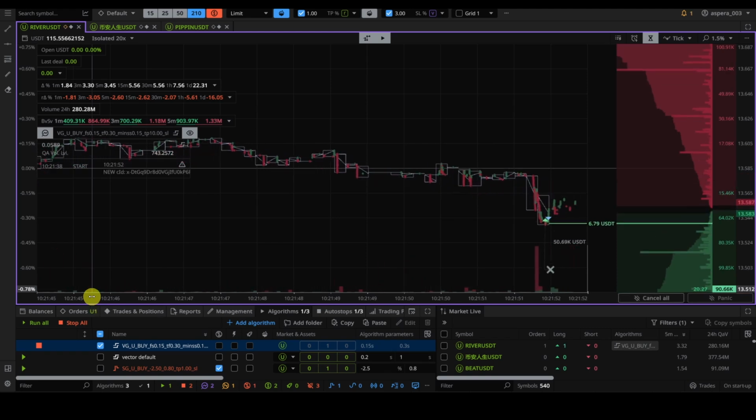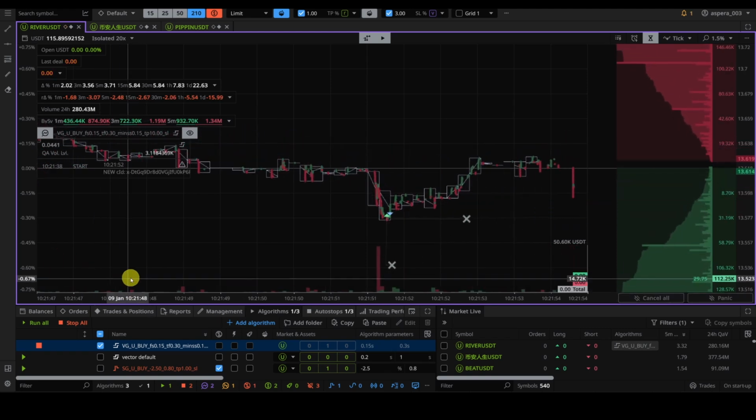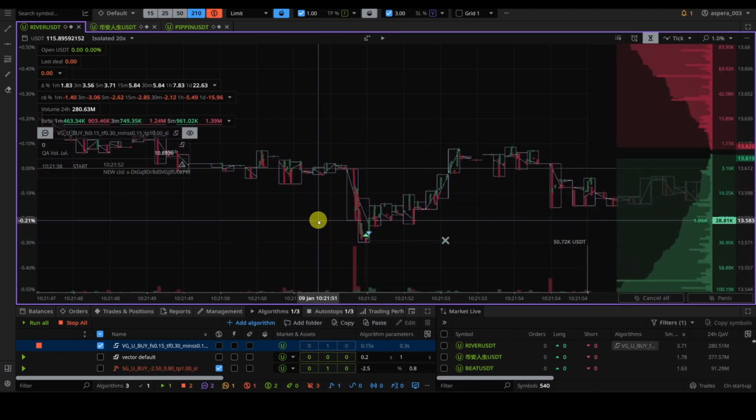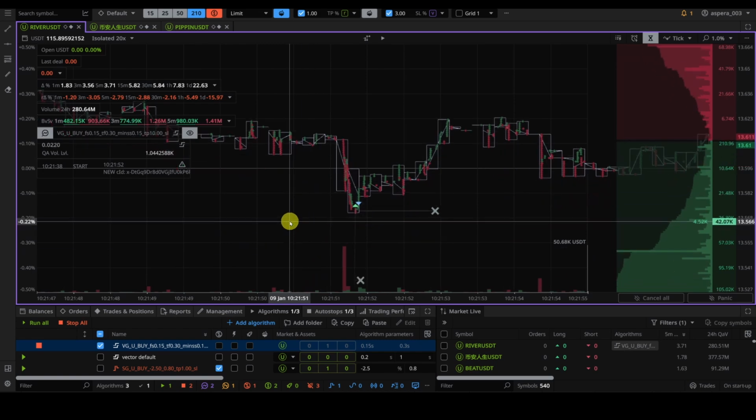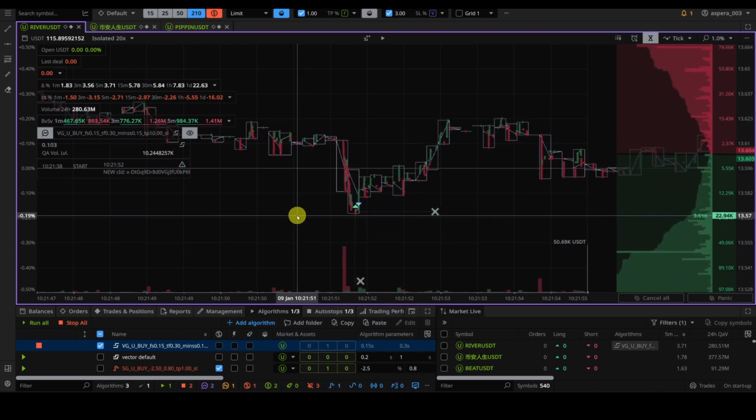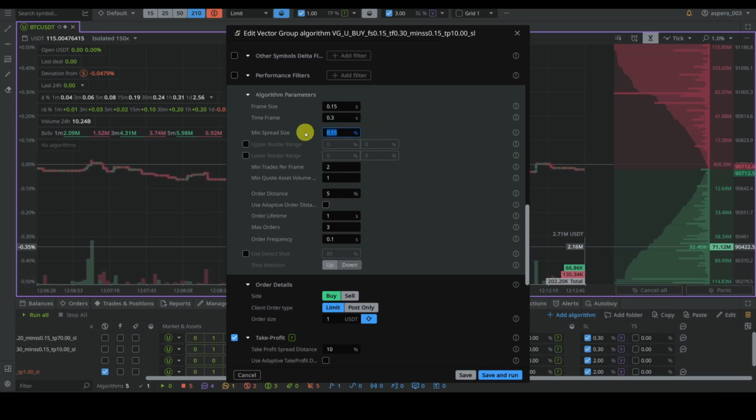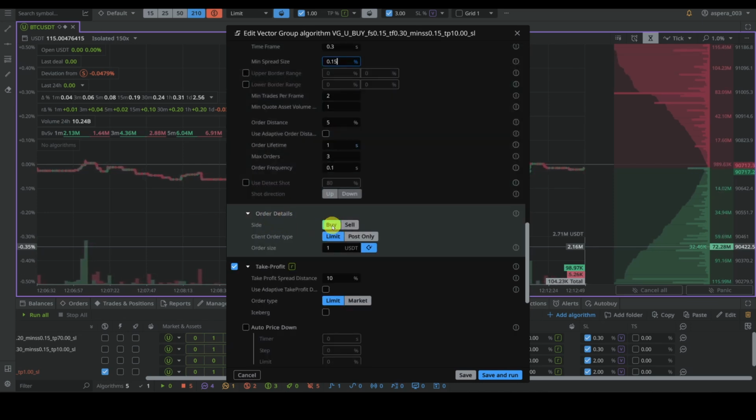Here's the first one. We've got 2 frames in a row. The first one is 0.22% and the second one is 0.19%. Both are greater than 0.15, so an order is triggered. We know it is a buy order, but where exactly is it placed?